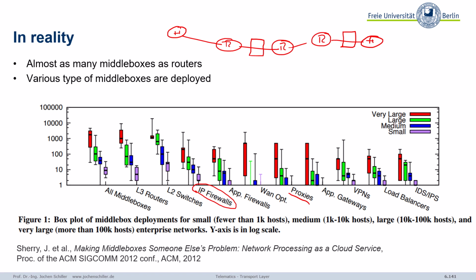We have NAT boxes, and so on and so on. What does this mean? On the path from an end system to another end system, our path does not only go through many routers, but also through many middleboxes. And I will show you in a second what the real problem is.